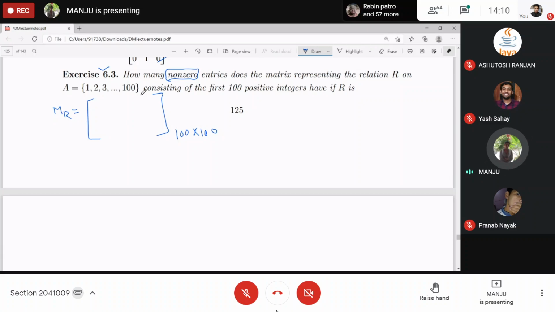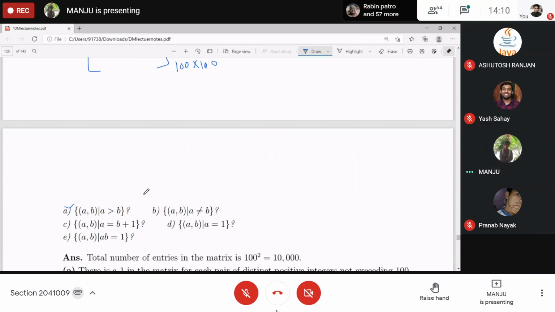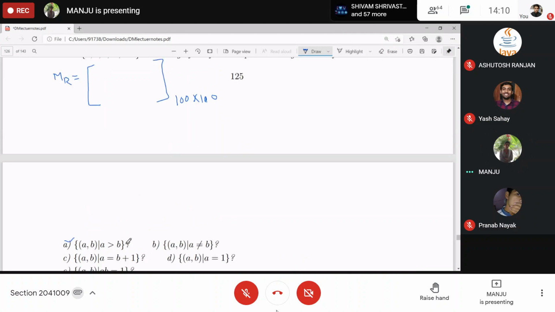If A is not related to B, then 0, right? Tell me for this relation, A is greater than B. At diagonal entries, you have A is equal to B, or you can say i is equal to j, right? At diagonal entry, it will be 0. So diagonals are zeros.